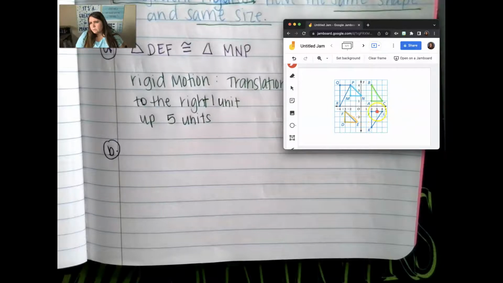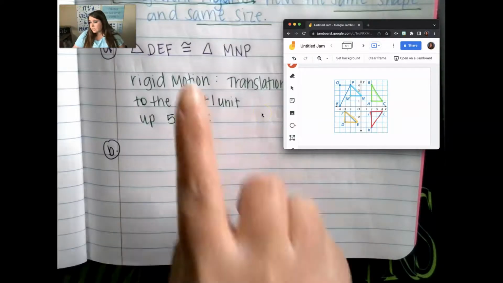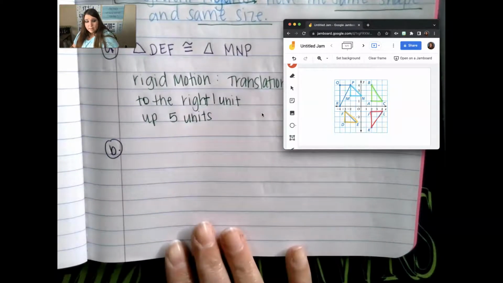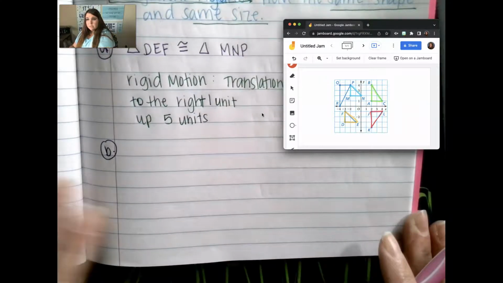Here's another one that's 2, and then 1, 2, 3. This one is congruent. It just doesn't face the same direction. So the rigid motion that occurred here was a different type of transformation, not a translation like we saw in this first one.